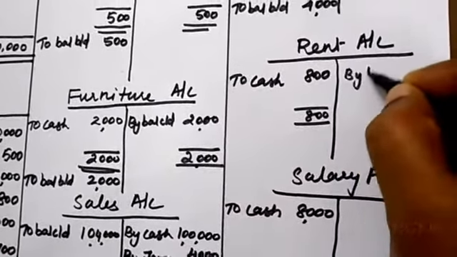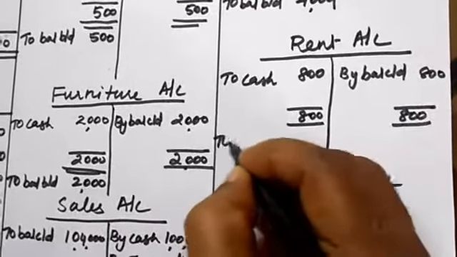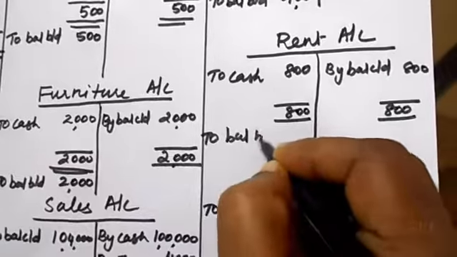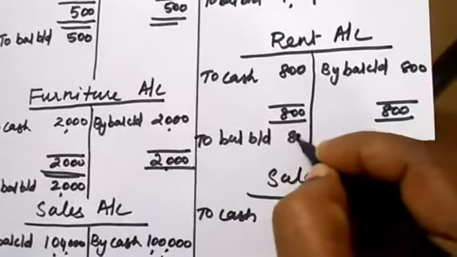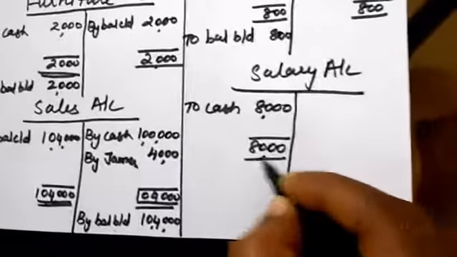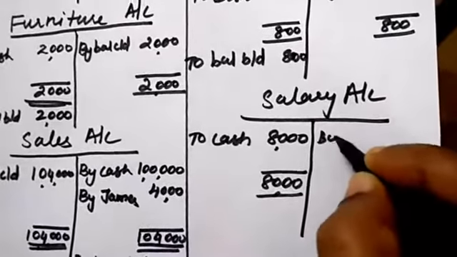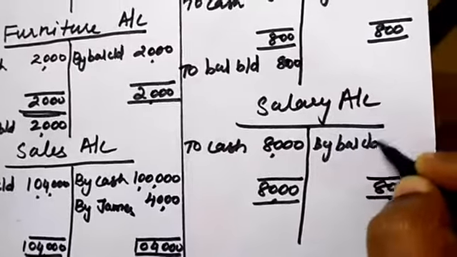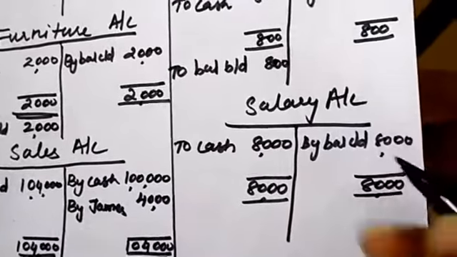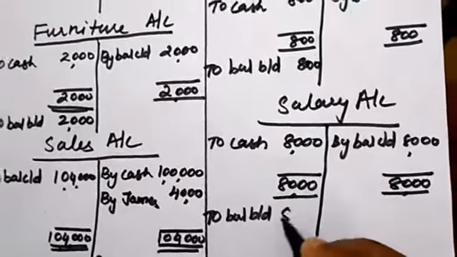By balance carry down 800, opposite side to balance brought down 800. Debit side 8,000, credit side no amount. So by balance carry down 8,000, opposite debit side to balance brought down 8,000.